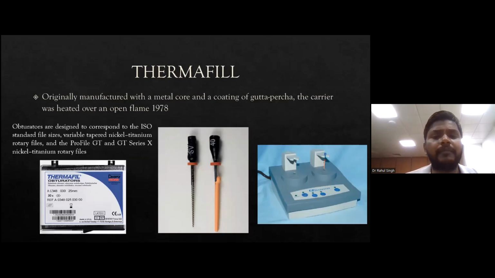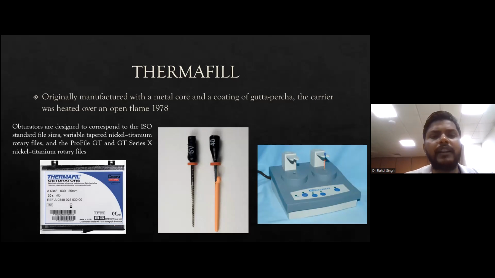The first is Thermafil, which was originally manufactured with a metal core and a coating of gutta-percha. The carrier was heated over an open flame way back in 1978. Obturators are designed to correspond to the ISO standard file sizes, variable tapered nickel titanium rotary files, or ProFile GT or GT Series X NiTi rotary files.